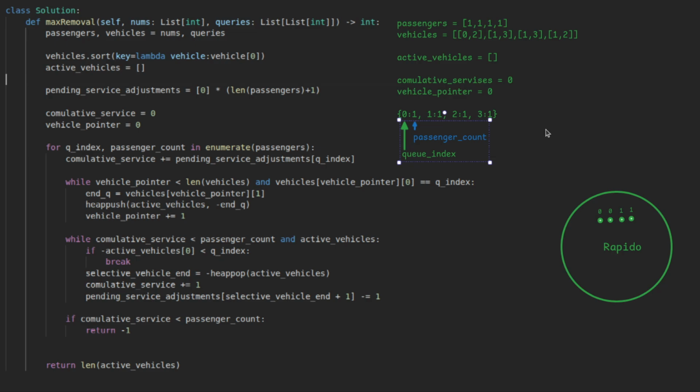So what I am doing here is I have put a queue index and passenger count on every passenger to enumerate, right? Cumulative services of this queue index. So queue index and pending services, since I am starting new, I don't have any pending services. Let us write here pending services also.